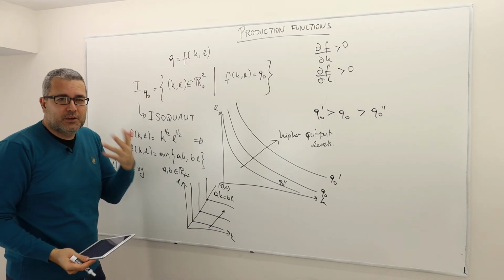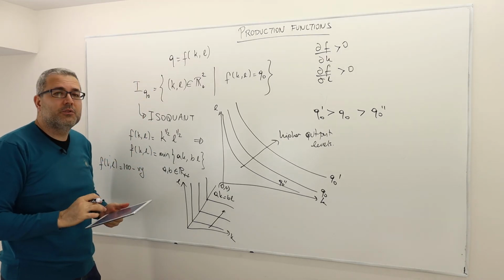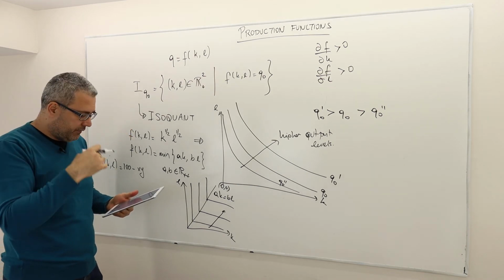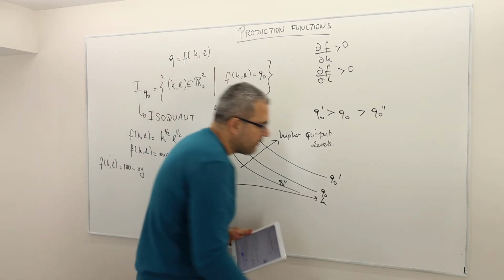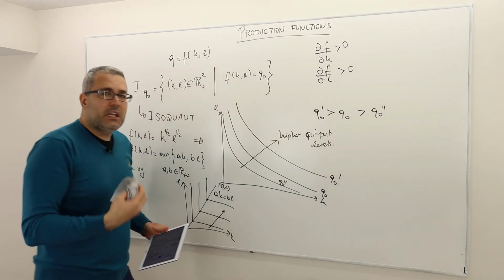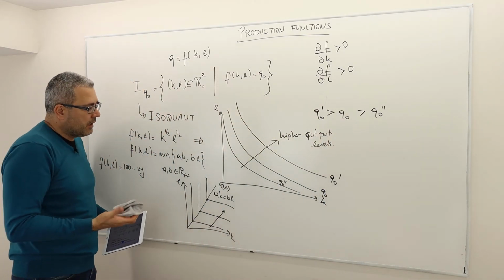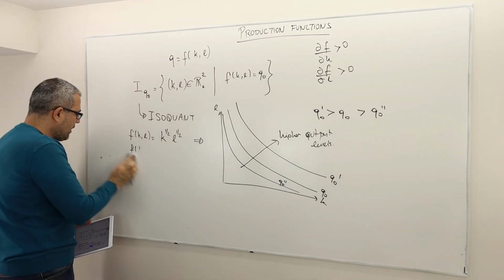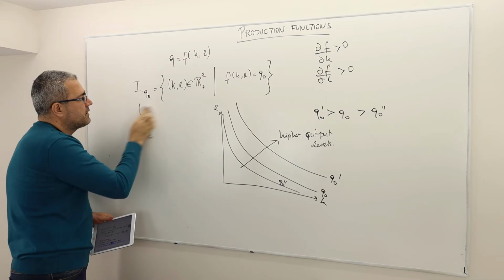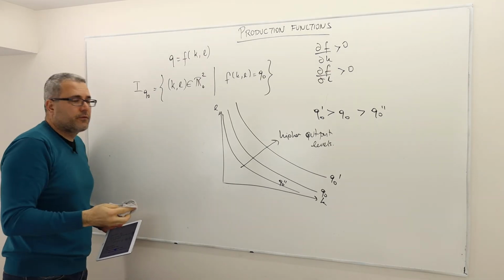And the diminishing marginal productivity, remember the assumption, the second derivative is negative.